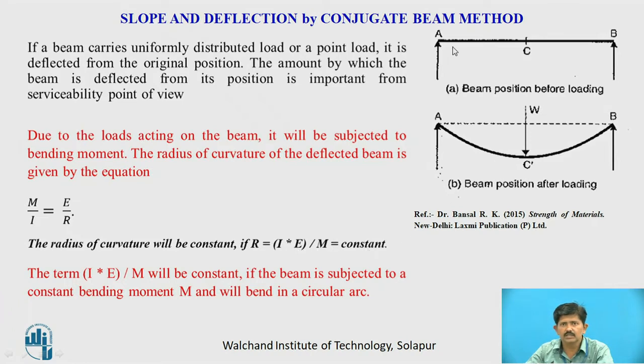See, this is the original position of the beam before loading. When you apply a point load or a UDL, this will be your position after loading, that is, the deflection of the beam will be there. The term EI by M will be constant if the beam is subjected to constant bending moment M, and that will bend in a circular arc.